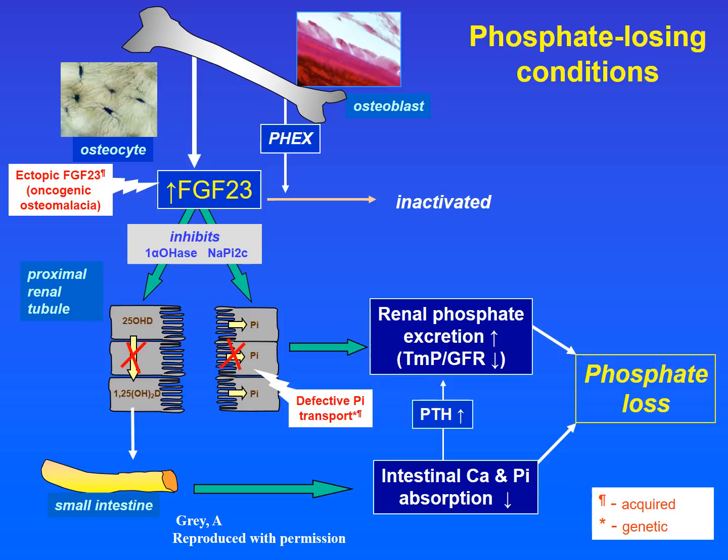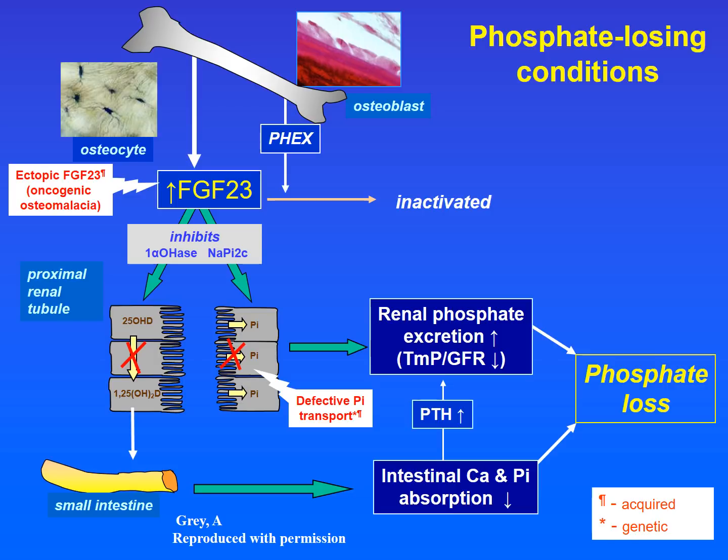These tumours make and secrete FGF23 at levels which exceed the ability to inactivate the protein, and those high levels of FGF23 cause hypophosphatemia because of the effects on 1,25-dihydroxyvitamin D and renal phosphate handling.